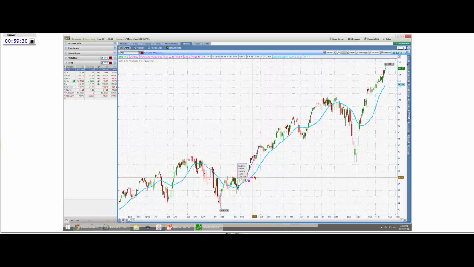But the 20-period moving average automatically draws that in for you. Okay. Now, here is the benefit of the moving average. You see how we have a significant slope higher, and then we have a retracement or consolidation back into the 20 here. Okay.